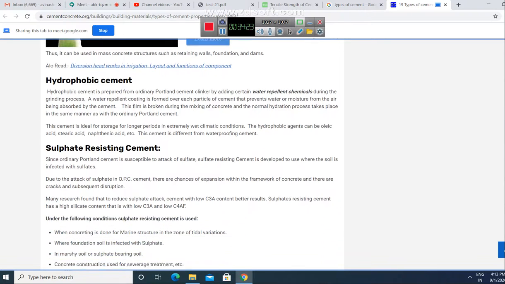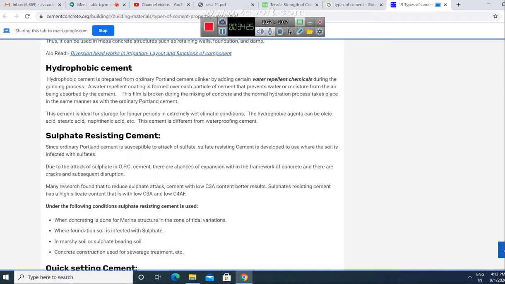Next one is sulfate resisting cement. Since OPC is susceptible to the attack of sulfates, a sulfate resisting cement is developed for where the surrounding is infected with sulfates.